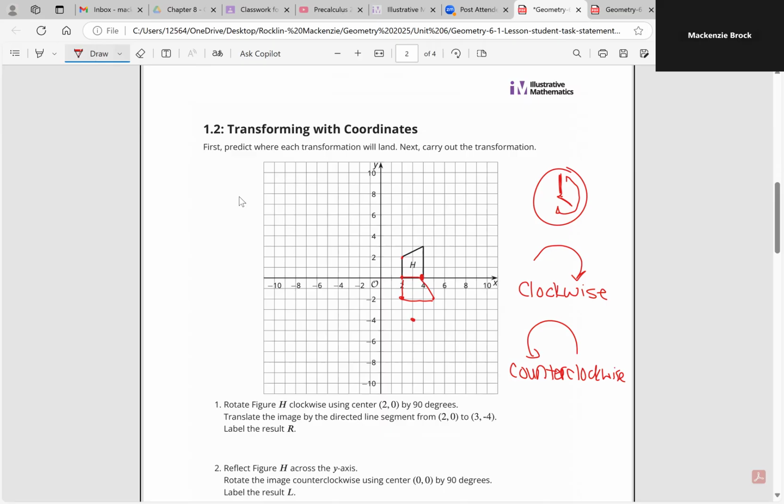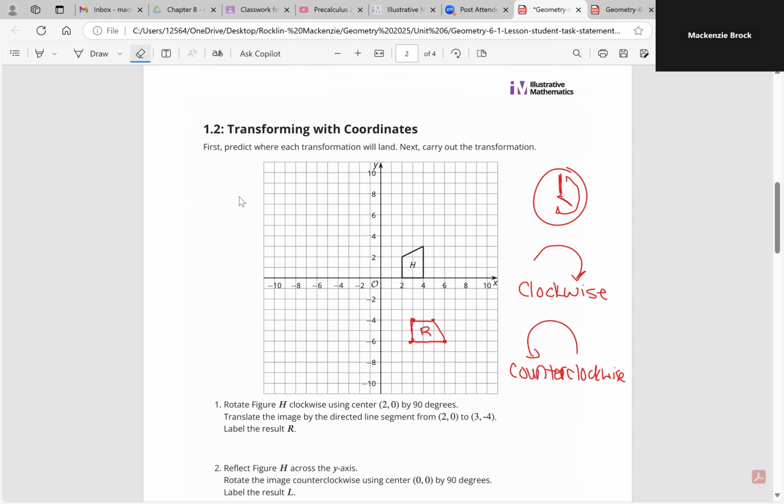So here. So just connect your points. And I'm just kind of using the original image to help me with my points. For example, this distance here to here is 2 units, and then this distance here to here is 2, here to here is 3. Just to help me get my points. Okay, there's R.